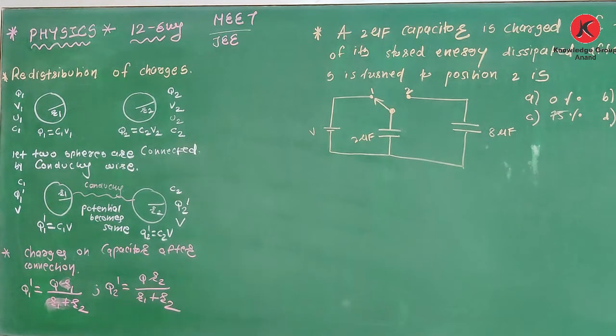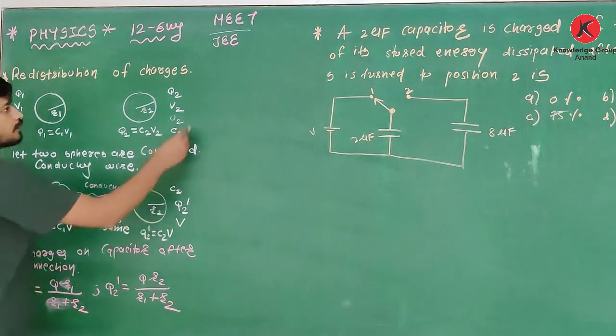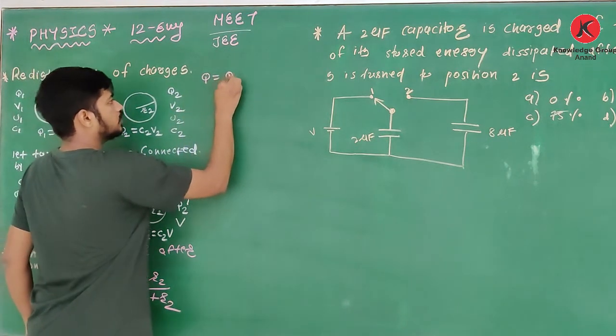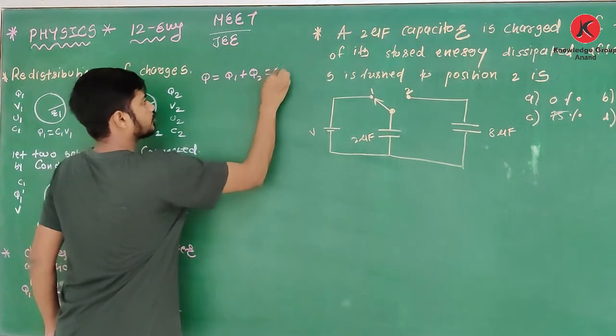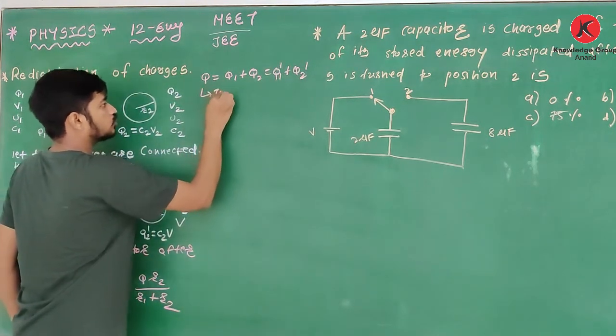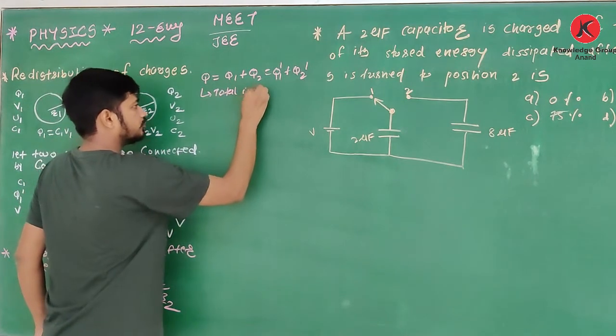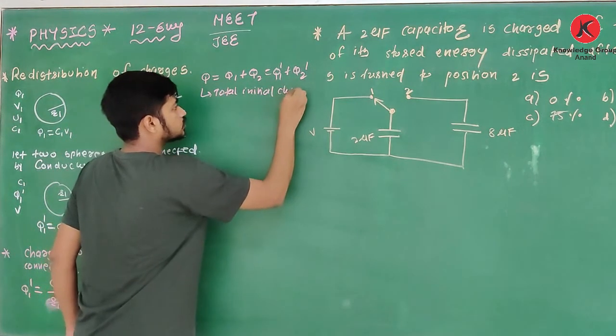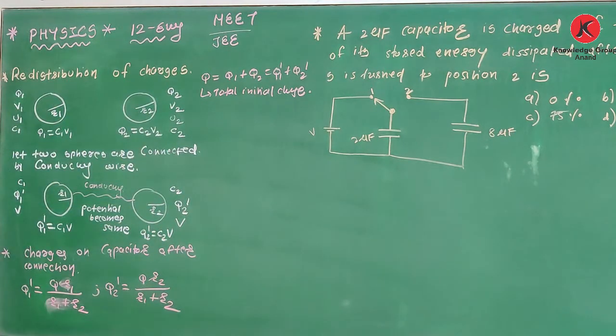So these are two equations of charge on these two conductors. Where Q is equal to Q1 plus Q2, which is equal to Q1 dash plus Q2 dash. That is the total initial charge. These two equations you have to remember.